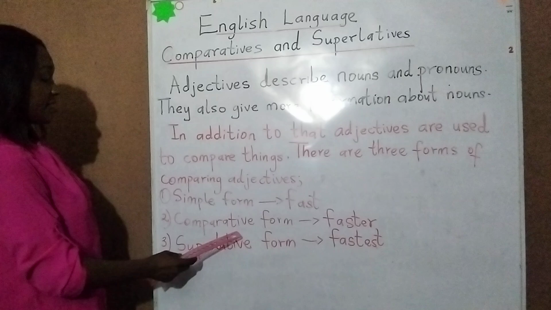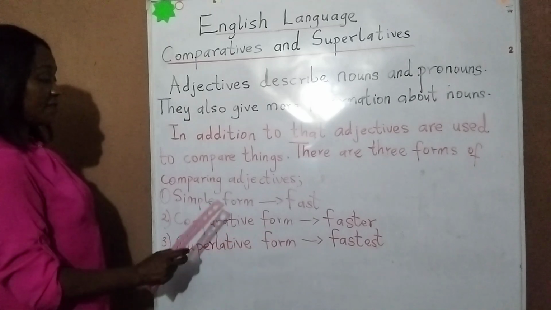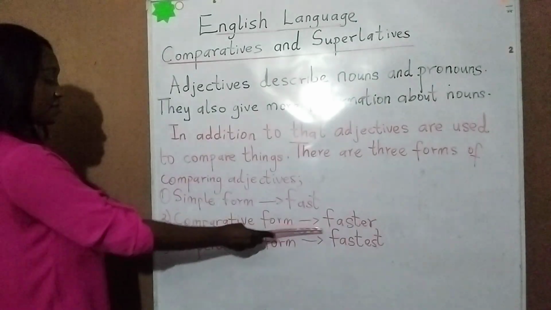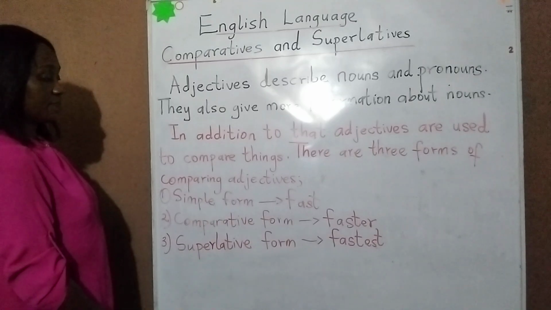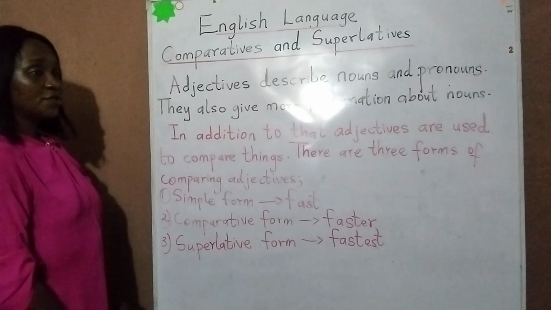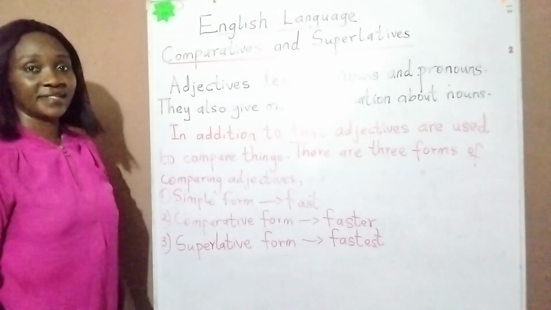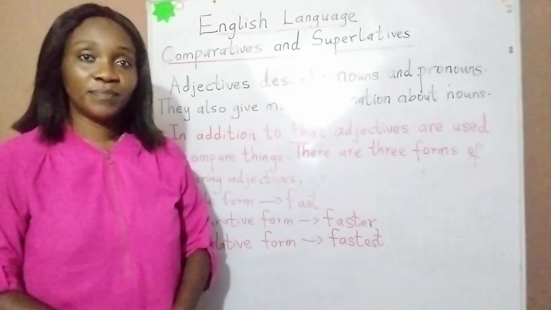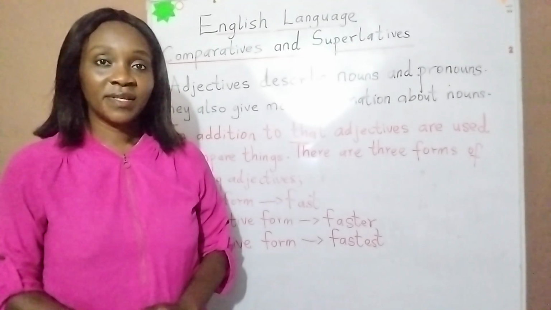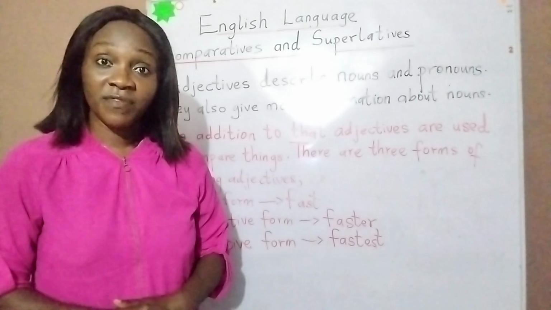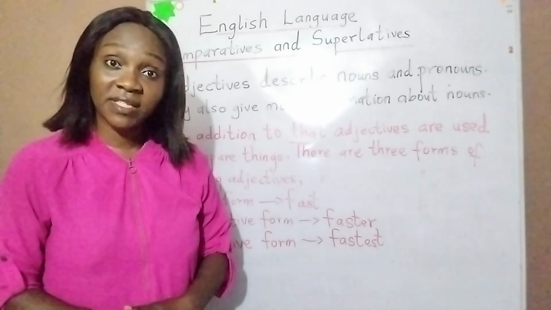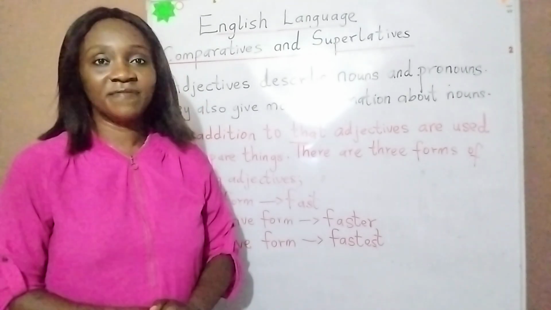The comparative form, used in comparing two things, faster. Superlative form, fastest. You could give more examples, then we'll talk about it more in our next class. So we have three forms of comparing adjectives: the simple form, the comparative form, and the superlative form.